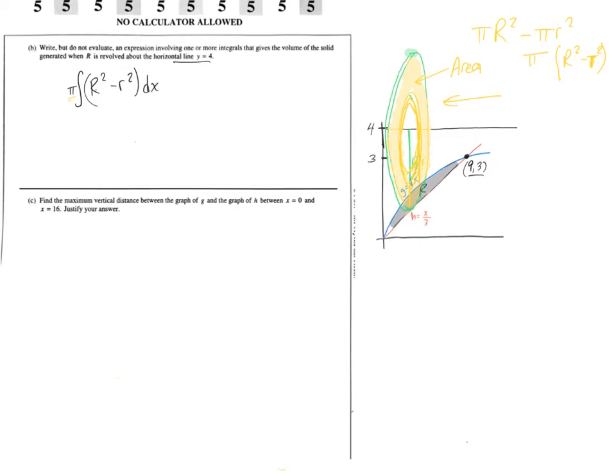But again, big R was our distance from the axis of revolution, which is 4, down to this lower curve, the further curve. The question is, how long is it from here to here in terms of x? Well, from the x-axis up to here is 4, and we're just losing this little red piece down here, which is the red function, x over 3.